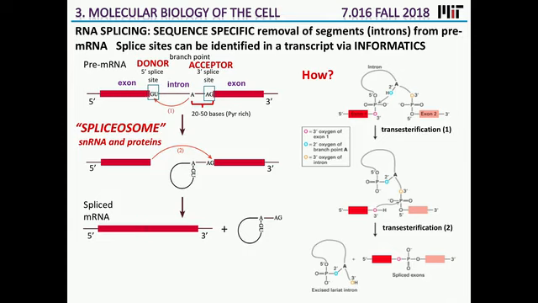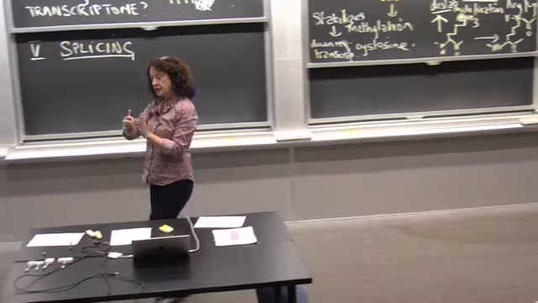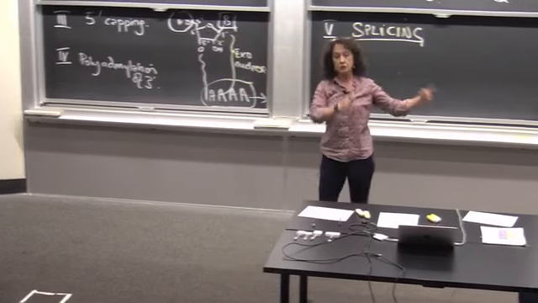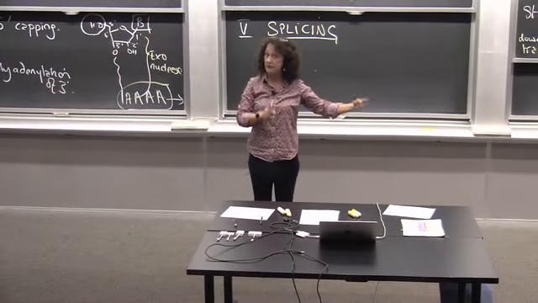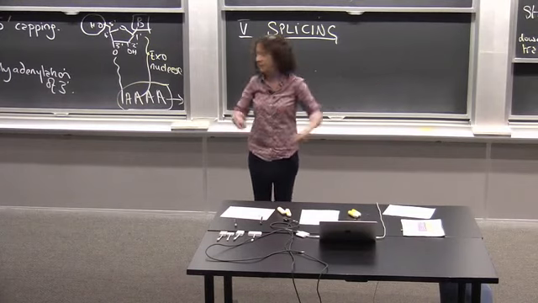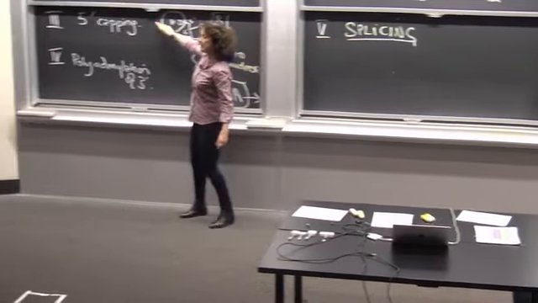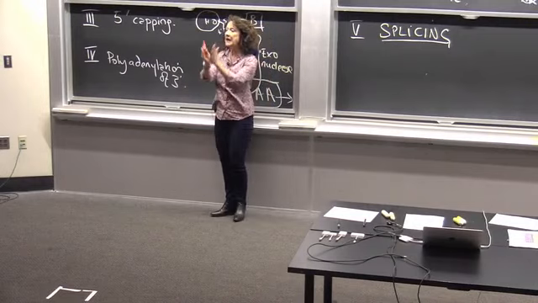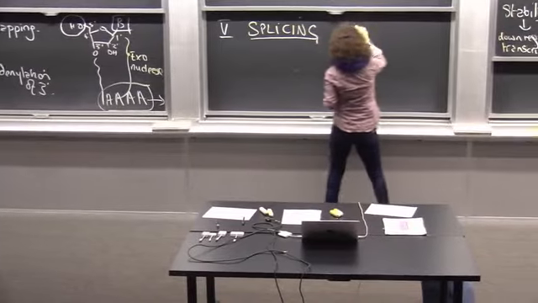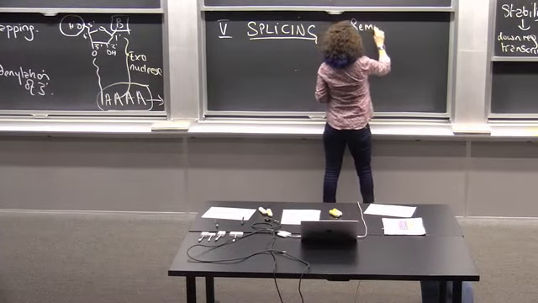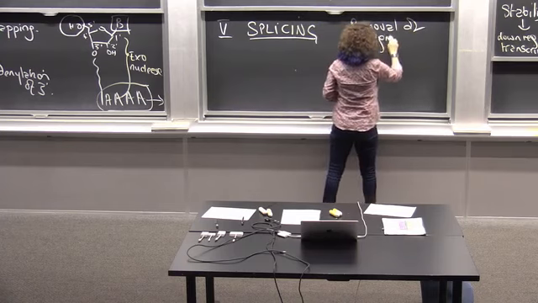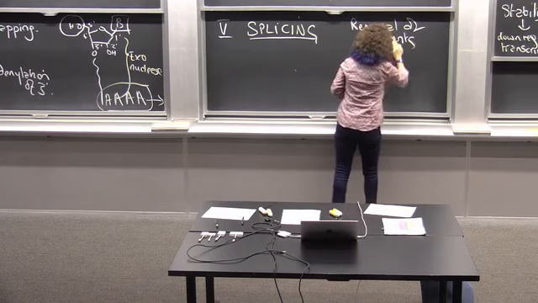It was noticed for a long time that the messenger didn't always correspond to the original transcript. And this is the case in eukaryotes, not in bacteria. But that there was quite a lot of processing done, not just to cap the ends, but by cutting out chunks of the transcript. So removal of segments of the transcript.